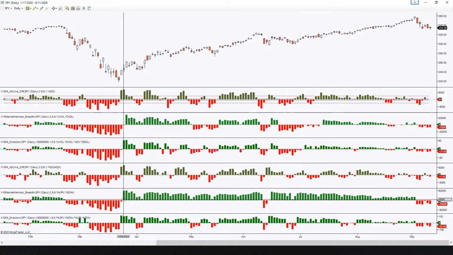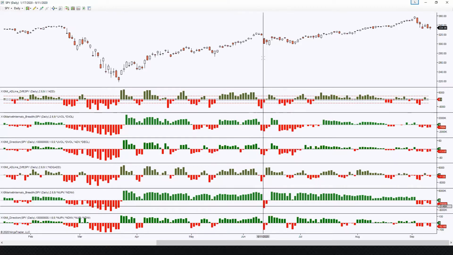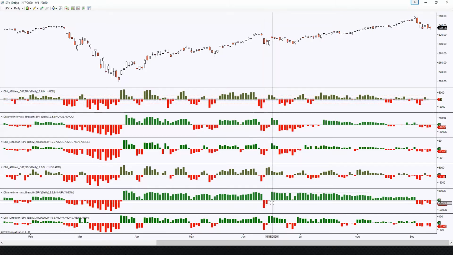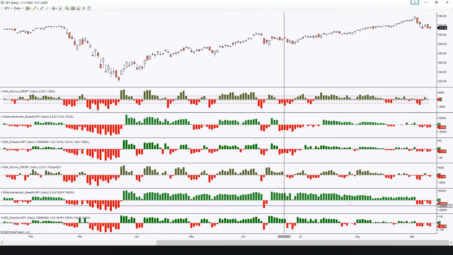If you go 325 onwards, all the way until 611, it was upwards. For a few days, it showed downwards, and then it got back up on June 16th onwards, all the way until 9-3.